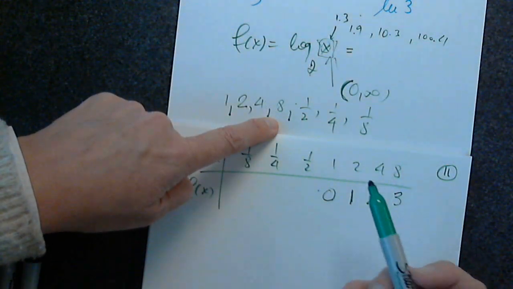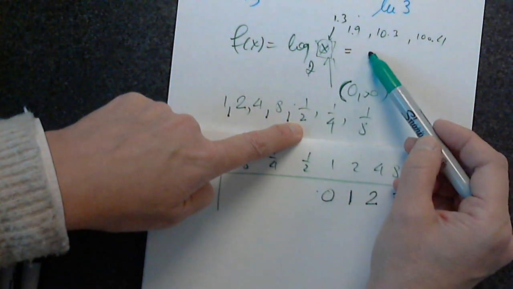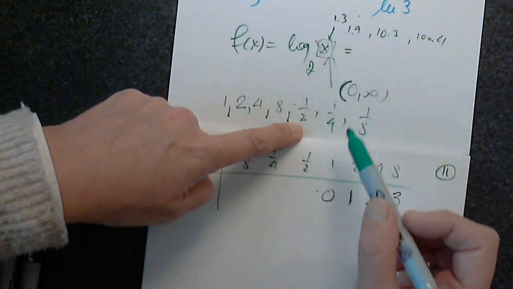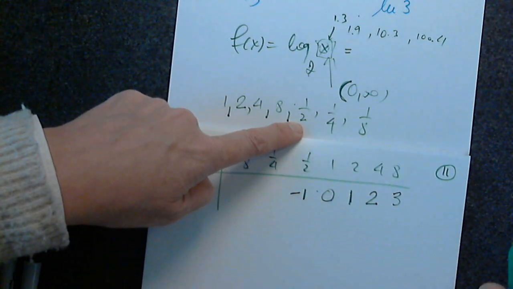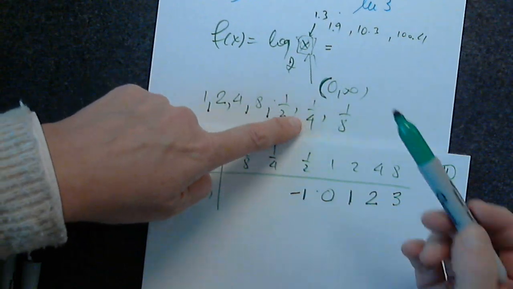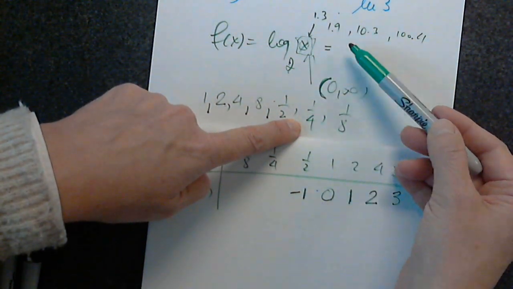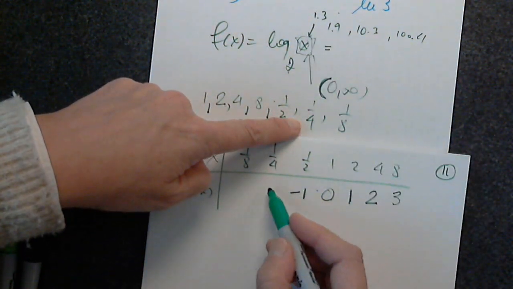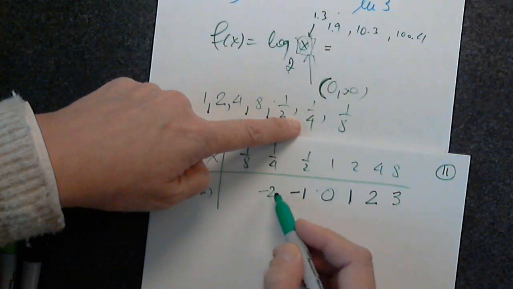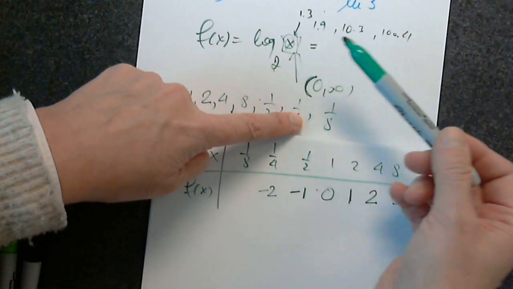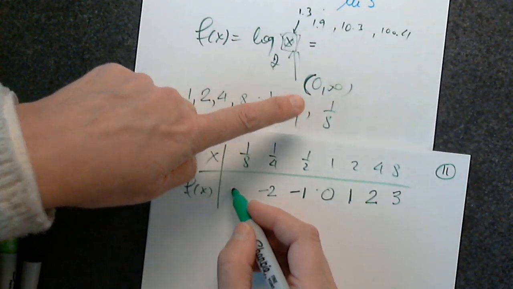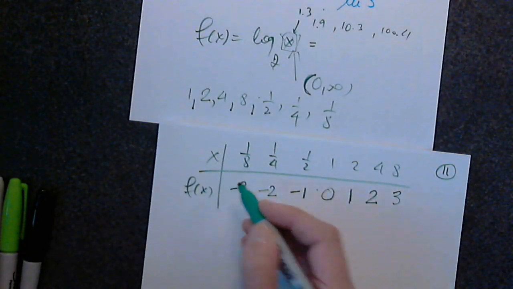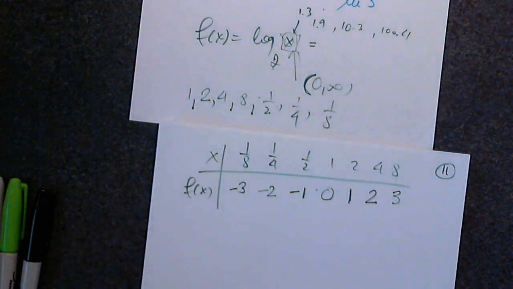Awesome. 2 raised to what power is 1/2? -1. It's a fraction now, right? 2 raised to what power is 1/4? -2. Exactly, awesome. 2 raised to what power is 1/8? -3. That's it. So those are all nice easy points to graph.